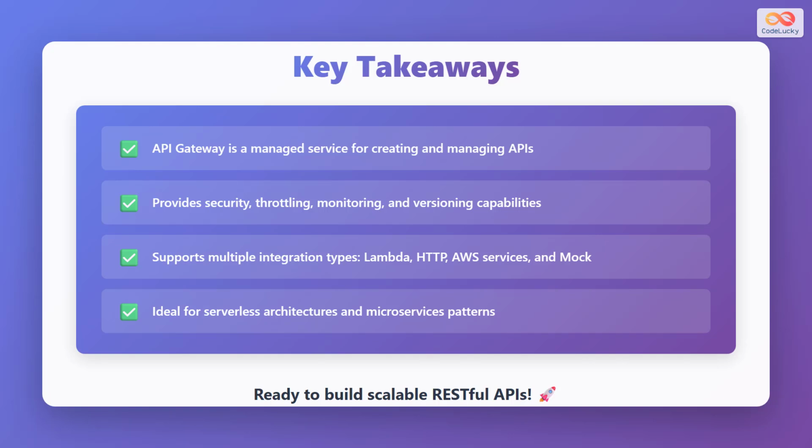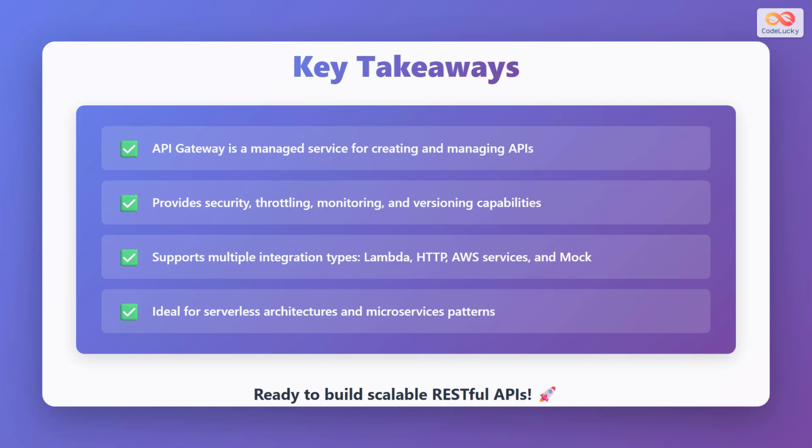Let's recap the key takeaways from this introduction to AWS API Gateway. API Gateway is a fully managed service designed for creating and managing APIs at any scale. It provides essential capabilities including security, throttling, monitoring, and versioning out of the box. The service supports multiple integration types: Lambda for serverless functions, HTTP for external services, direct AWS service integrations, and mock for testing.